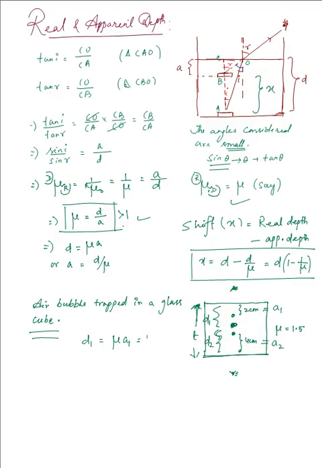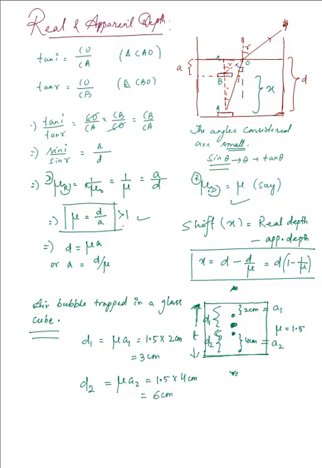So this is 1.5 times 2 centimeters, so this is going to be 3 centimeters. And as far as d2 is concerned, d2 will be equal to mu times a2, which is 1.5 times 4 centimeters, a double of that, which means 6 centimeters.